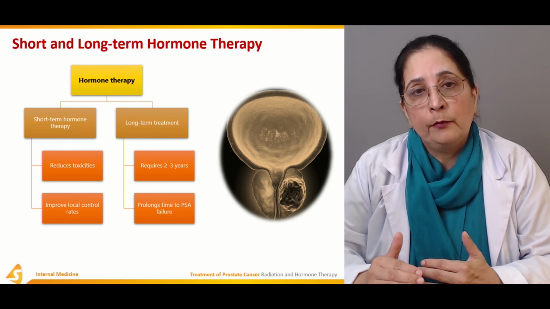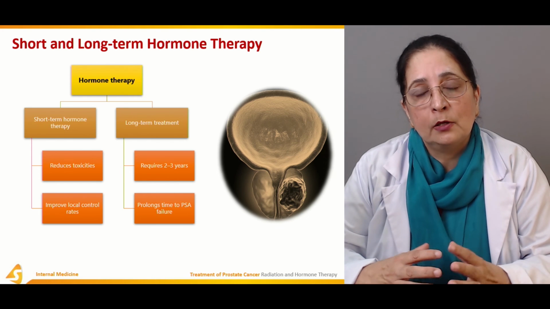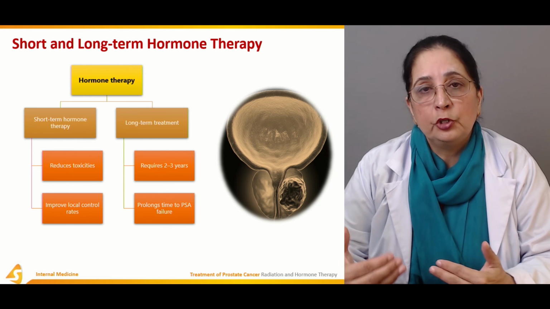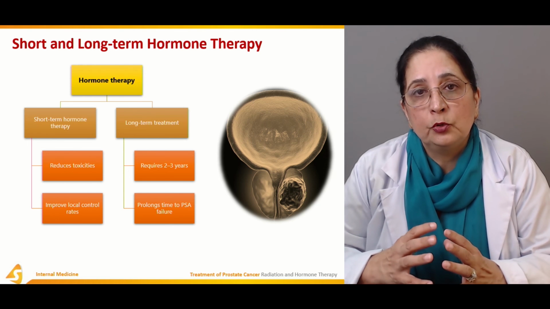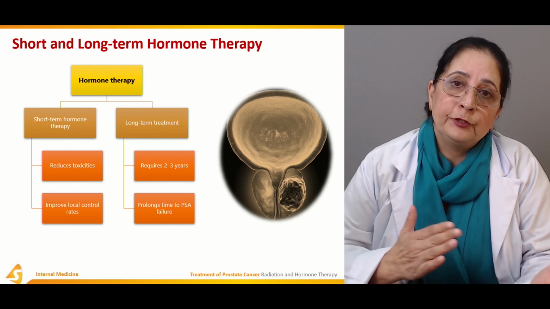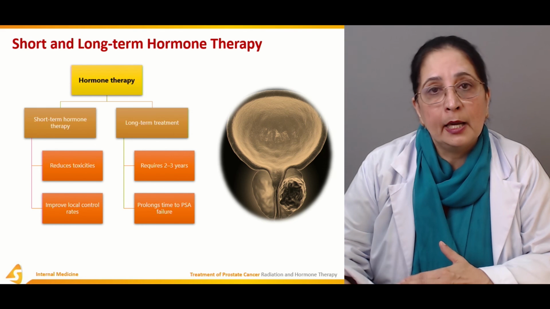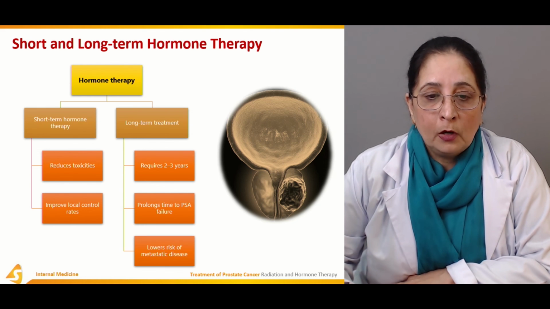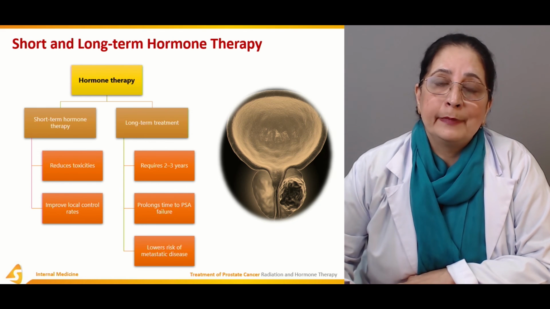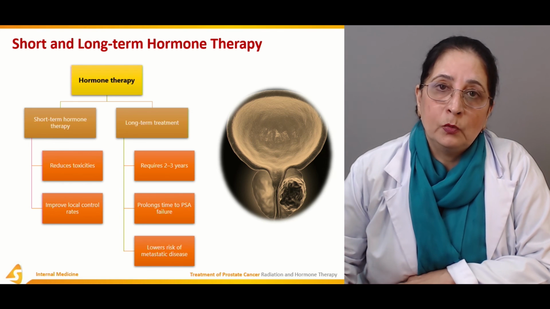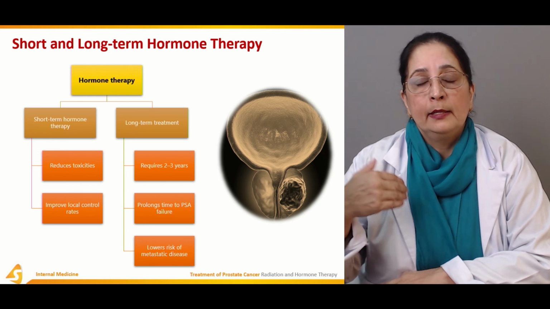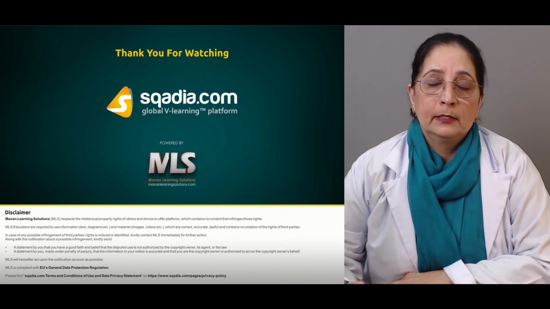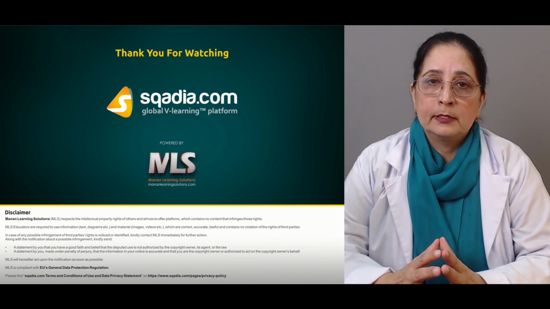That's also helpful in reducing the size of the gland, and it also reduces the exposure of the normal tissue to the radiation. We have short-term and long-term hormone therapy. It also lowers the risk of metastasis. If it is given over a long period of time, the risk of metastasis is decreased. That was all about our section 2.